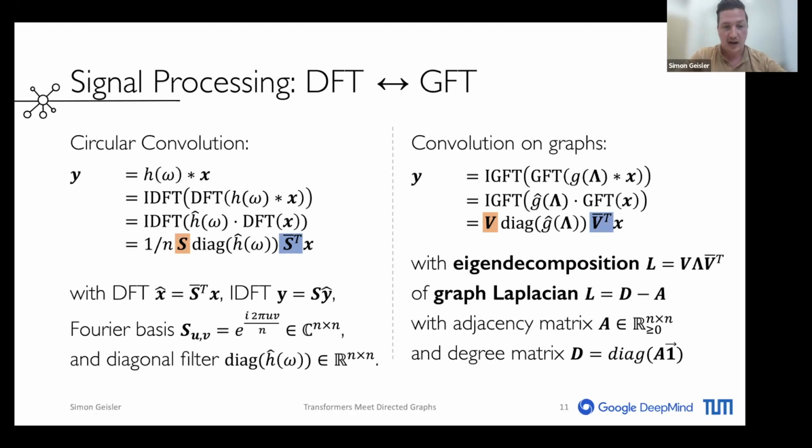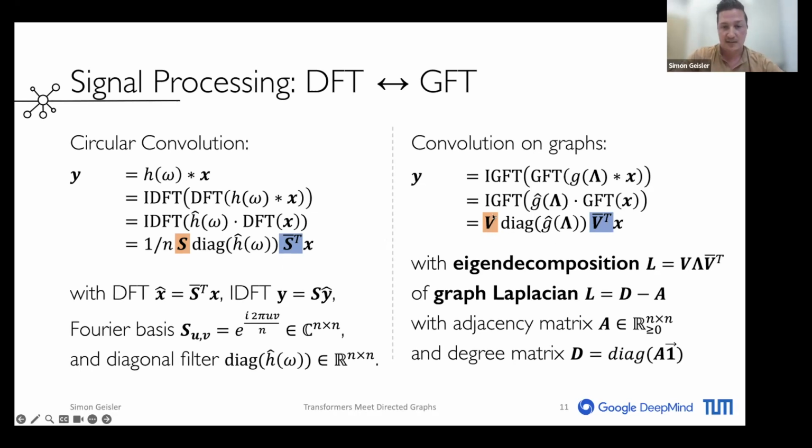And for convolutions on graphs, we can write something that looks very similar, by something called the graph Fourier transformation. We also have some filter, we also have some signal. Those are now node embeddings, and we can define some convolution. We can define a graph Fourier transformation by writing it in this very similar way.